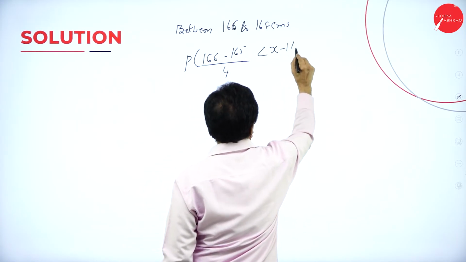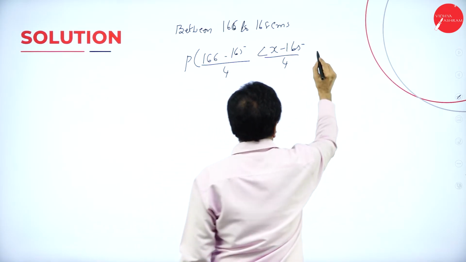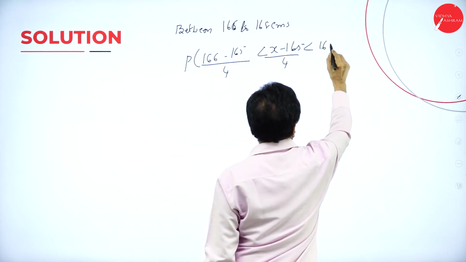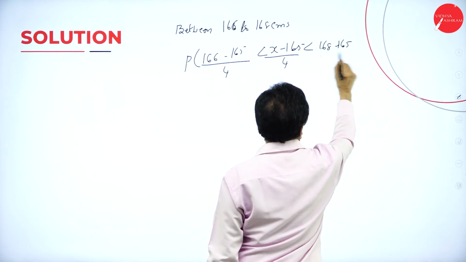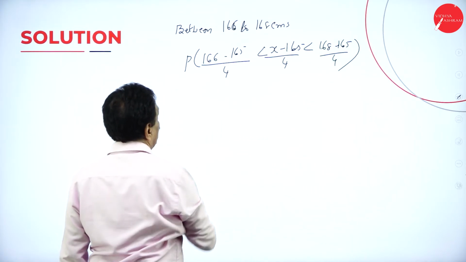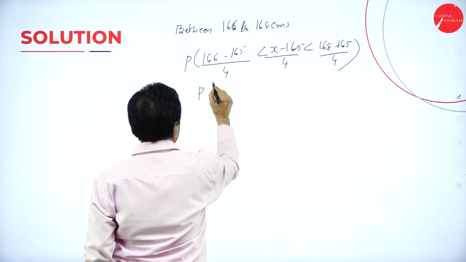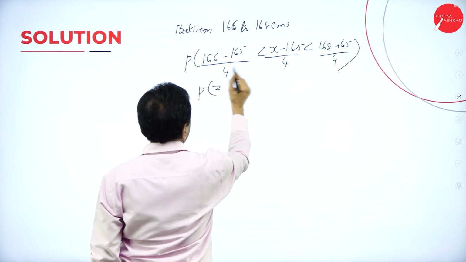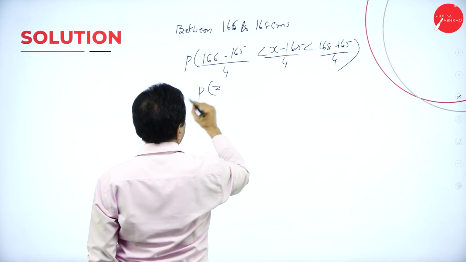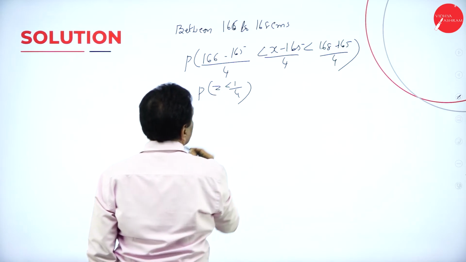So x minus 165 divided by 4. What is the next value? 168 minus 165 divided by 4. First one, 166 minus 165 is P of Z less than 1 divided by 4.